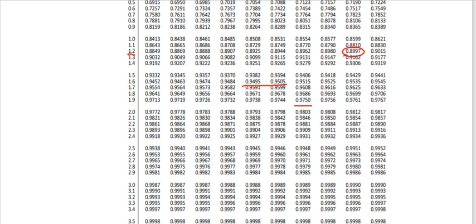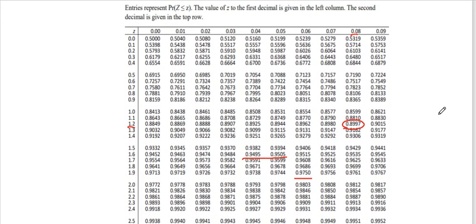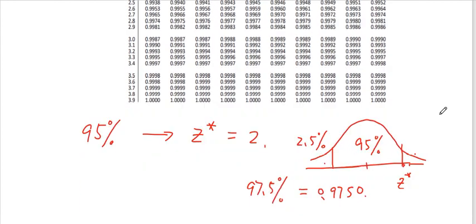Okay, so the cutoff point for this probability is 1.9, go up, 6. So from the table, we find this cutoff point is 1.96.